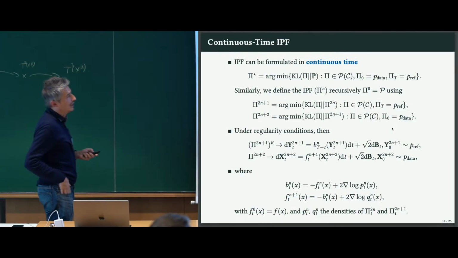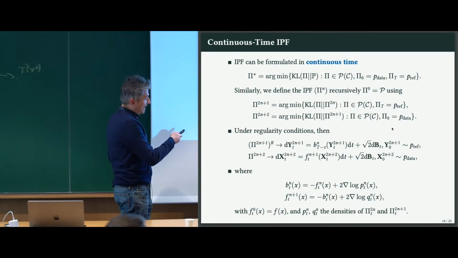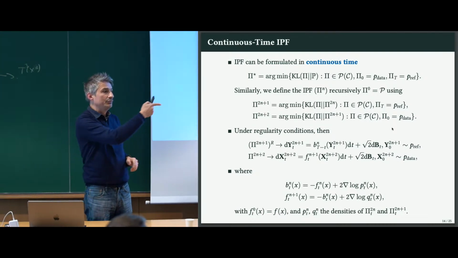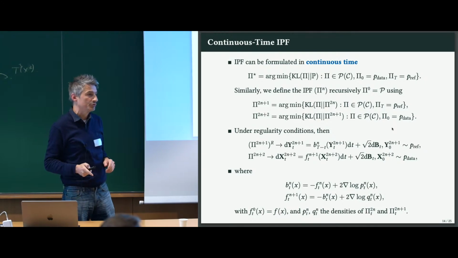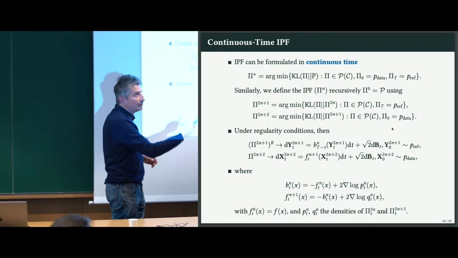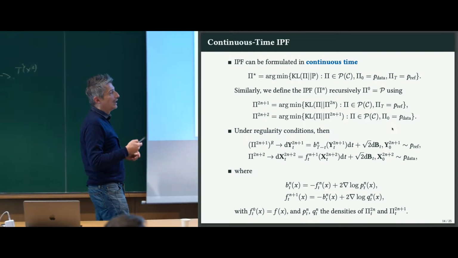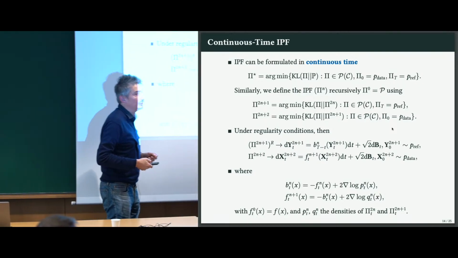So at even iterations, you naturally have forward diffusions which are initialized at the distribution of the data. At odd iterations, you have time reverse diffusions which are initialized at the Gaussian distribution.